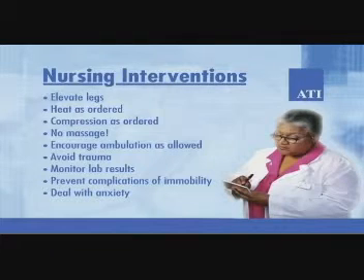Nursing diagnoses for clients who have thrombophlebitis include acute pain, impaired gas exchange, self-care deficits, anxiety, and ineffective therapeutic regimen management. For clients who are hospitalized with acute thrombophlebitis, elevate the legs to prevent and reduce edema.